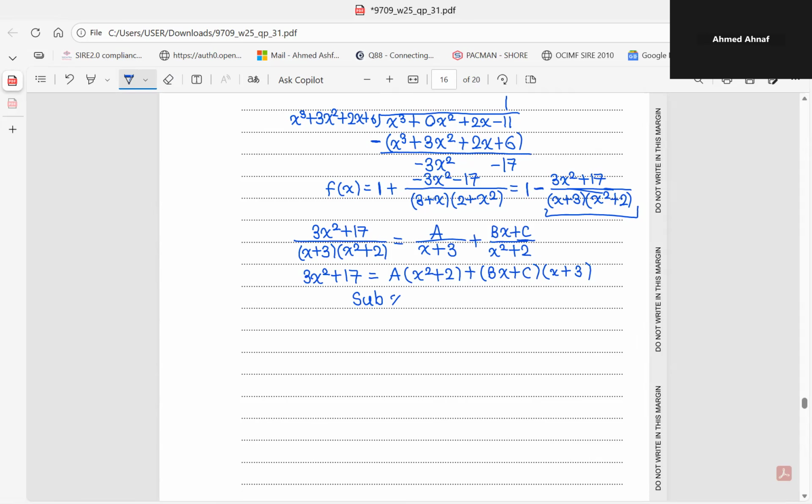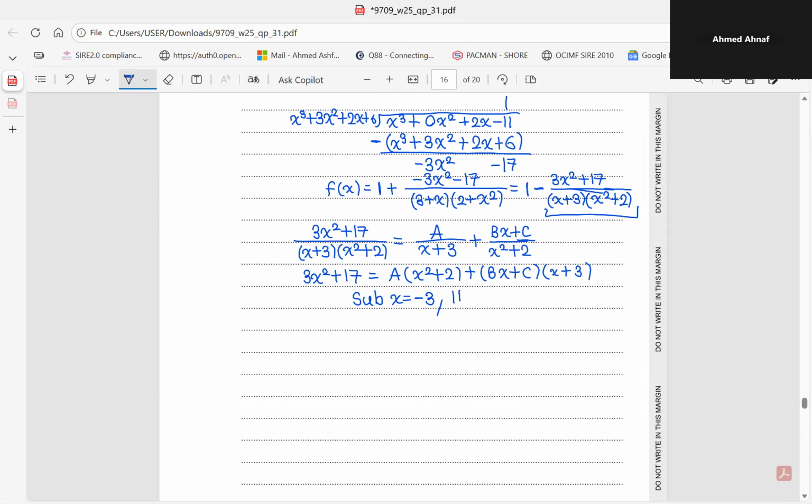So in this case, we can do this by substituting x equals -3. So this becomes 0. This also becomes 0. So we just have to find this. So -3 squared, that is 9. So 9 plus 2, that's 11.